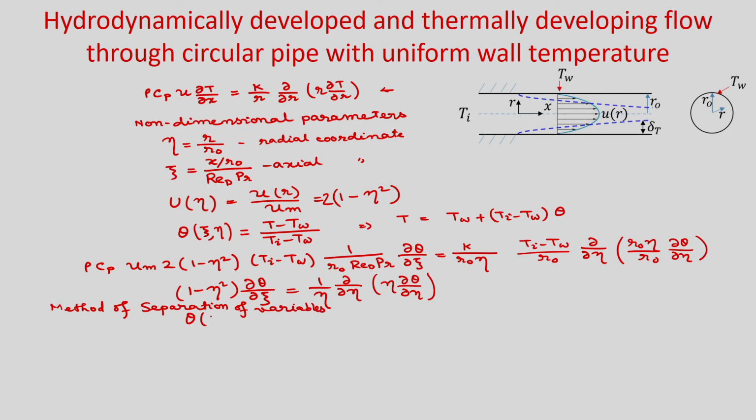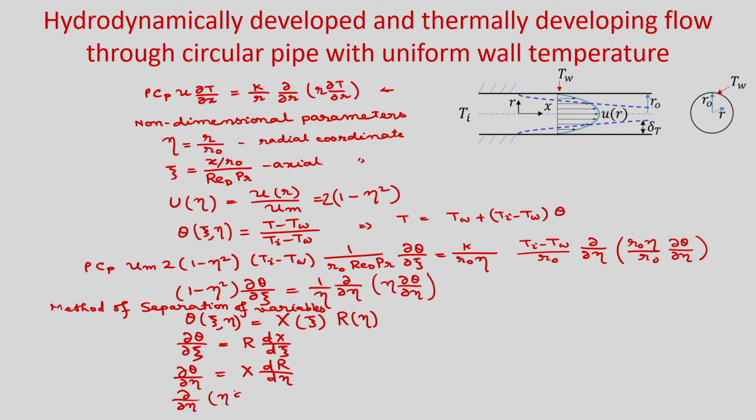So, theta, which is function of xi and eta, as X of xi times R of eta. So, now you can see del theta by del xi, you can write R dX by d xi, you can write del theta by del eta as X dR by d eta, and del of del eta, eta del theta by del eta, you can write X d of d eta, eta dR by d eta.